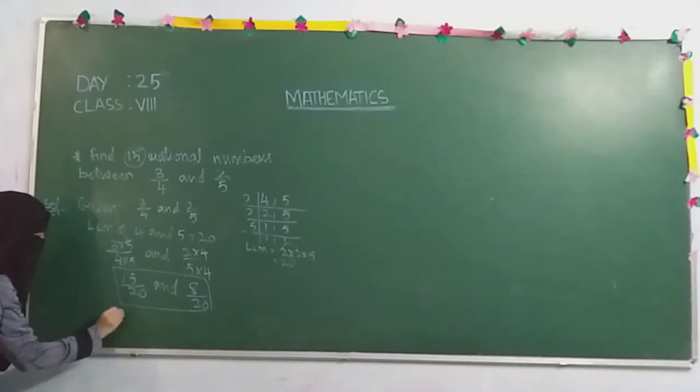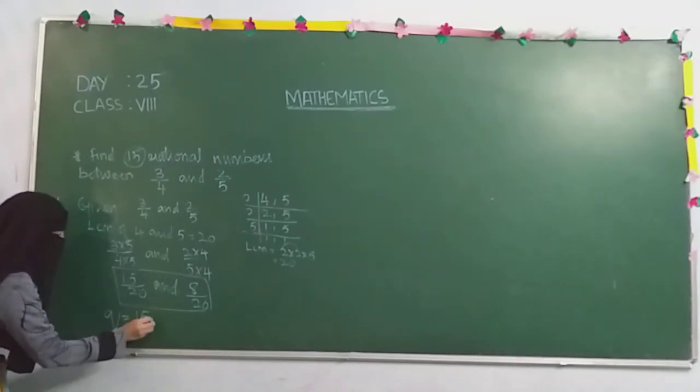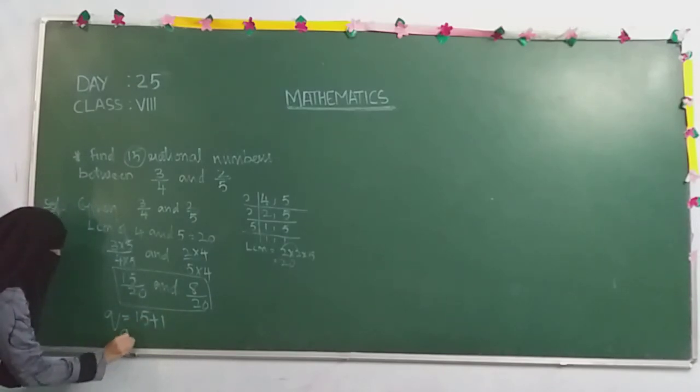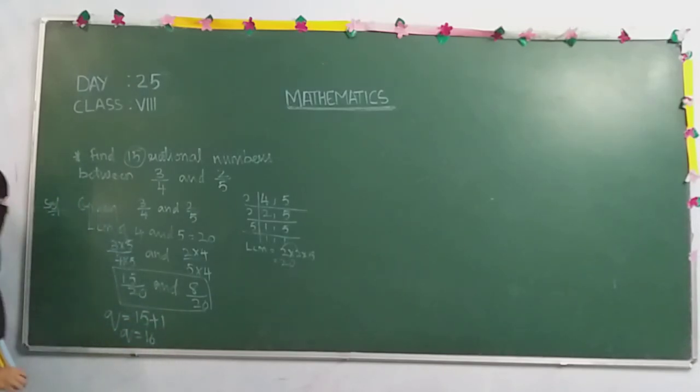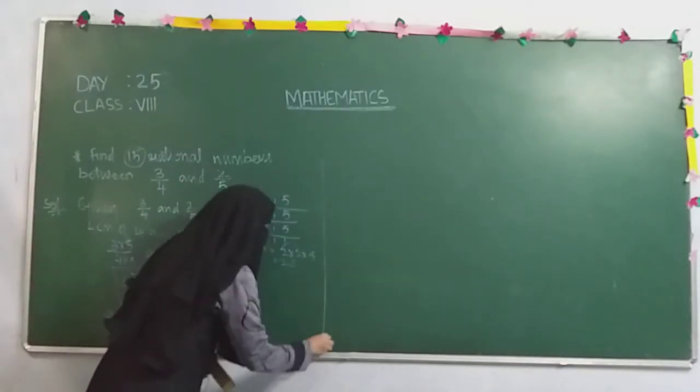So Q equals 15 plus 1, Q equals 16. Now we got the Q value as 16. The next step is, yes exactly, we need to multiply the numerator and denominator with 16. I'll continue here.